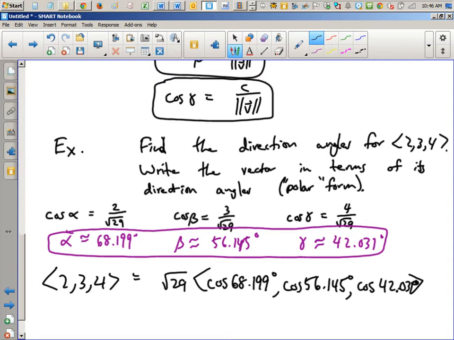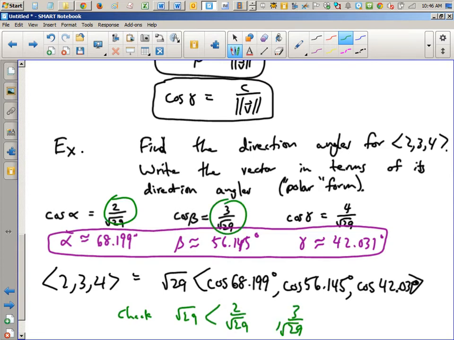And if you don't believe me, I will show you that this makes perfect sense. Here's your check. You can see from up above that this is 2 over root 29, 3 over root 29, and 4 over root 29. And what do you get if you distribute root 29 into this vector? 2, 3, 4.